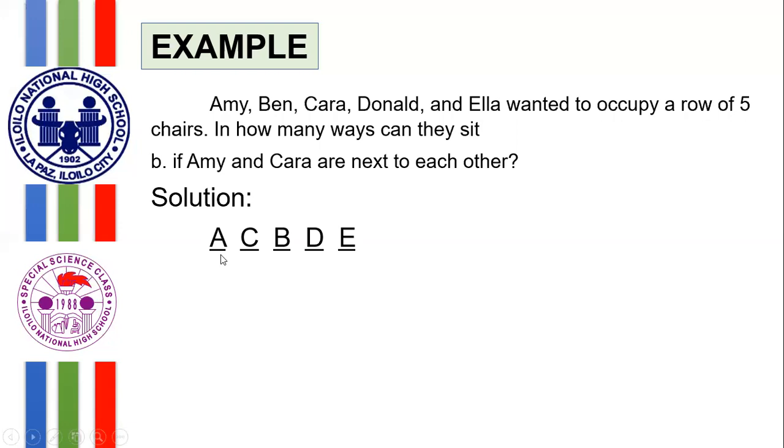Since Amy and Kara are next to each other, I will place a rectangle here to indicate that they are seated next to each other. We have to remember this: the rectangle indicates that they are treated as one, that's why this box is only counted as one slot.